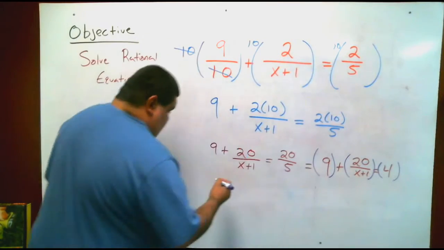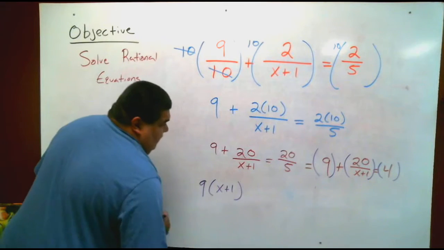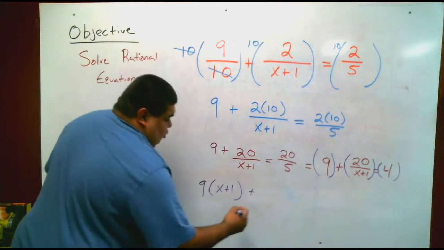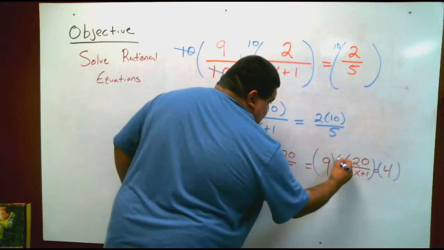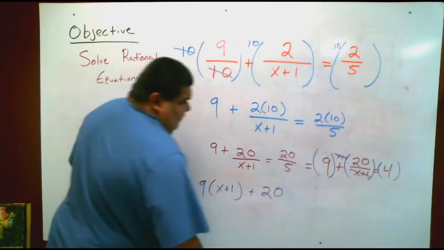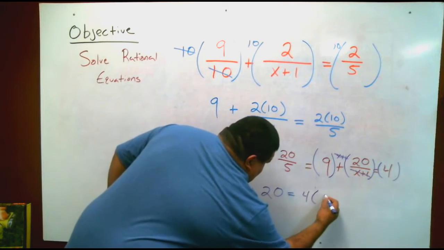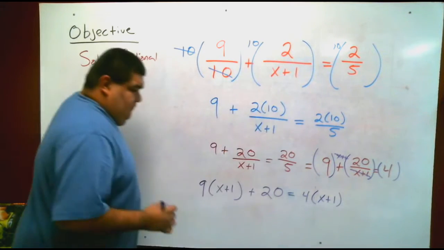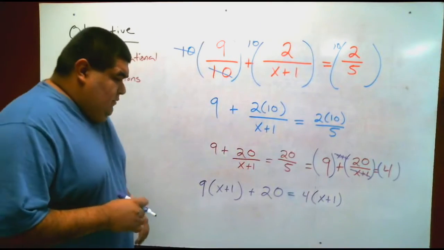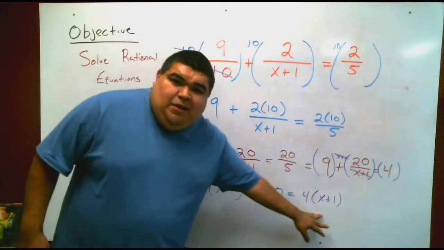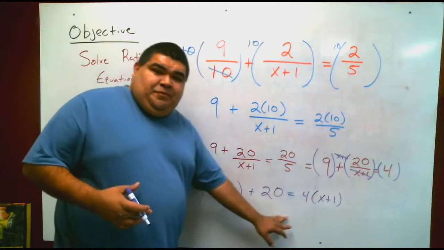So 9 becomes 9 times x plus 1, plus just 20, because we cancel out x plus 1 here, equals 4 times x plus 1. Remember, we multiply everything by x plus 1. Now we have nothing on the bottom. That was the whole very first step. Try to get rid of everything on the bottom.